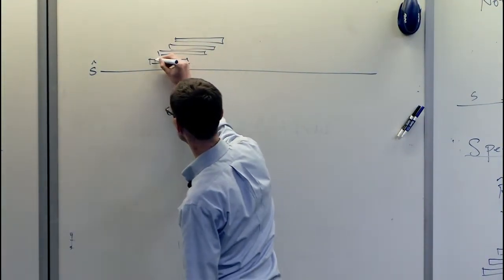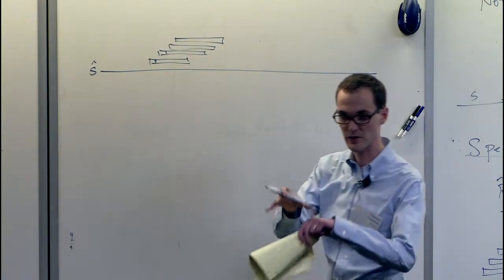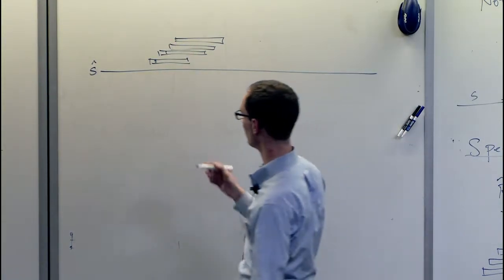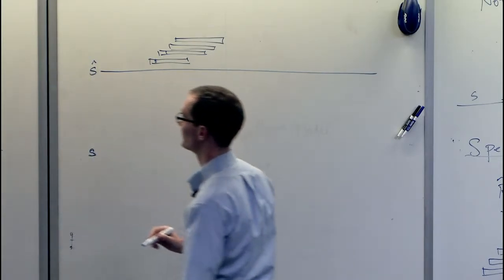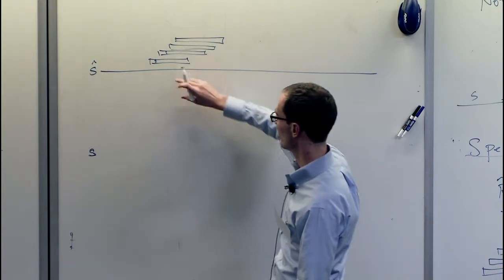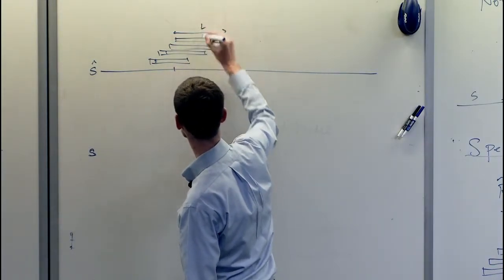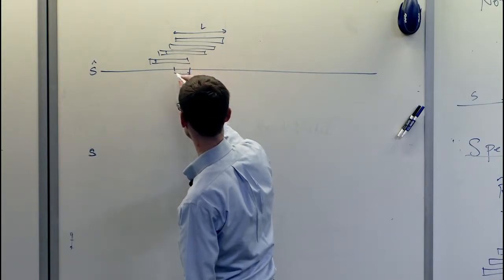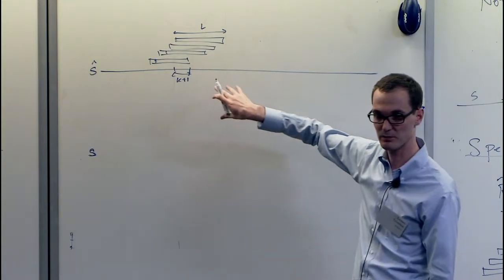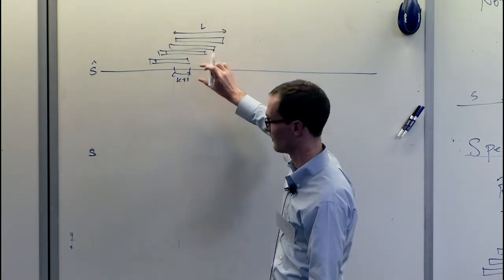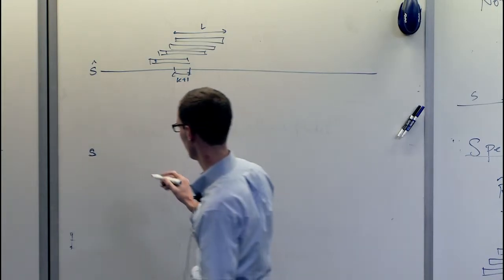Maybe these have some erasures in them, but depending on how they align, I correct and build a sequence S hat. So if I want to show the spectrum error correction result, what I need to show is that, if these reads are of length L, every sequence of length k plus 1 that appears in my reconstructed sequence should also appear in my original sequence, right?